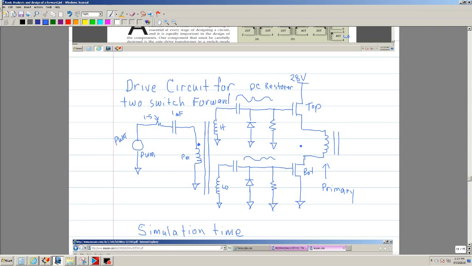The reason we want to do that is because this node is floating. It's going to be switching back and forth. When this switch is on, you're going to have 28 volts. Then when you turn off the switch, we actually have a diode here, and then we're going to have a diode here.